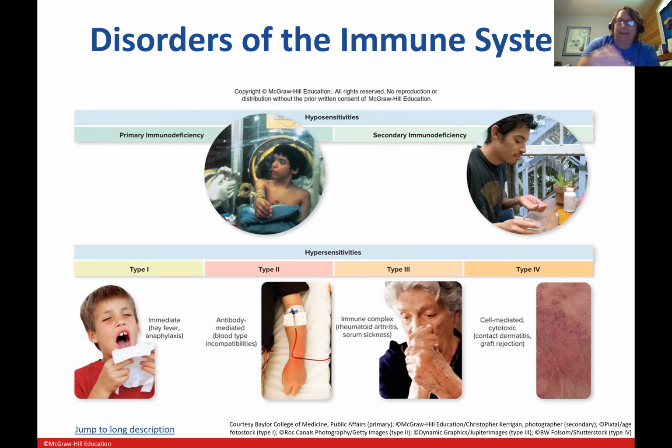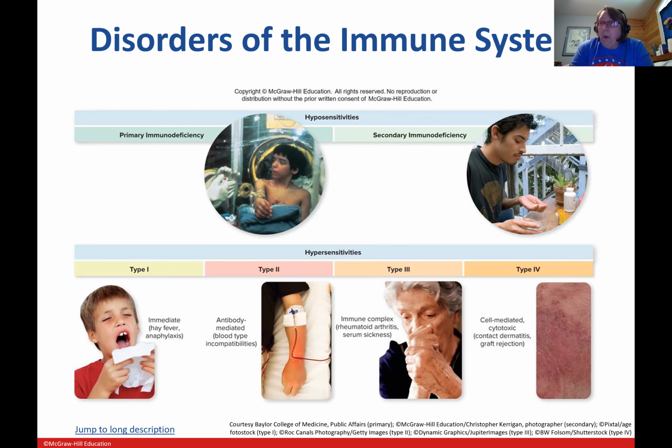So this is an example of a boy in the bubble who has a disease called SCID, which we're going to talk about in great detail later on in this chapter. Secondary immunodeficiency is caused by a disease, so AIDS is a good example of that, where you're no longer able to properly mount an immune response because essentially all of your T cells have been killed off by a virus.